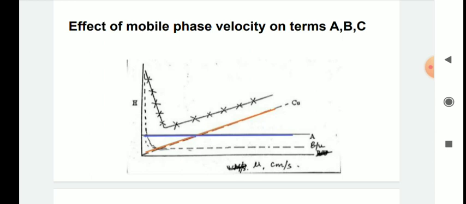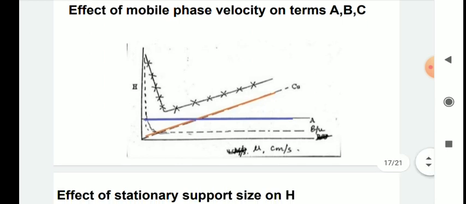We have seen that earlier in the previous lecture. In GC that curve is slightly different. In HPLC the curve is hockey stick shaped. If you want faster separation, you have to keep the slope of the rising part very low. That is, the Cu term should be lower.